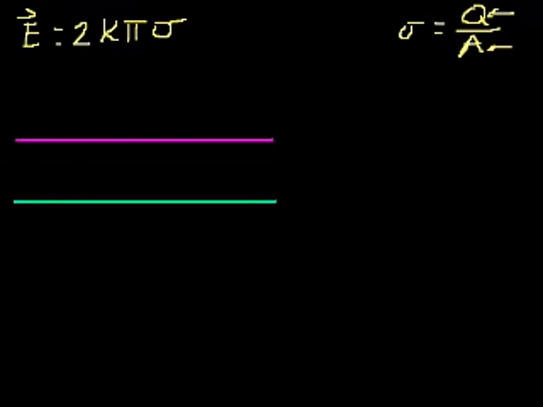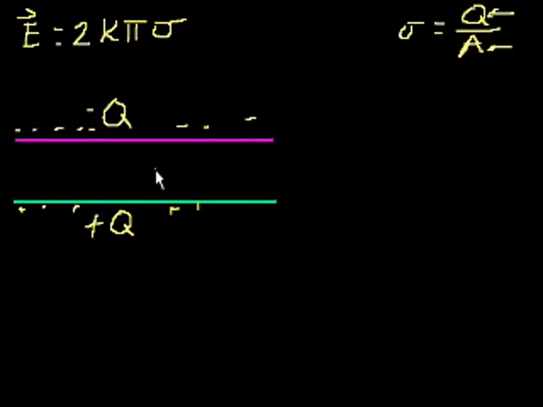And let's say they're the same size, and they both have area A. And let's say that I place plus Q worth of charges here. So this is plus Q, so this is positively charged, right? I could draw a bunch of pluses here. And let's say this is minus Q.